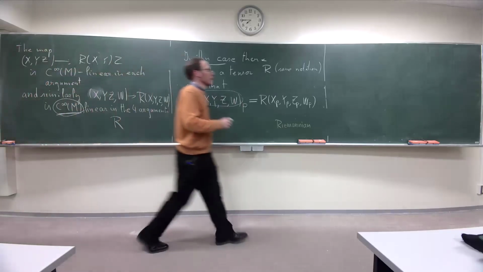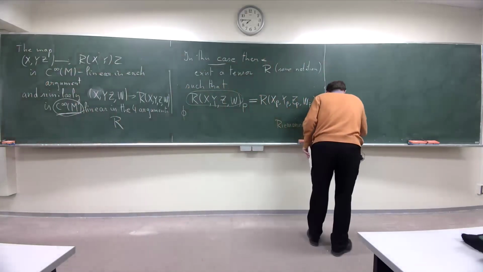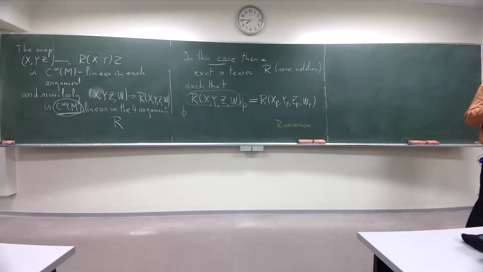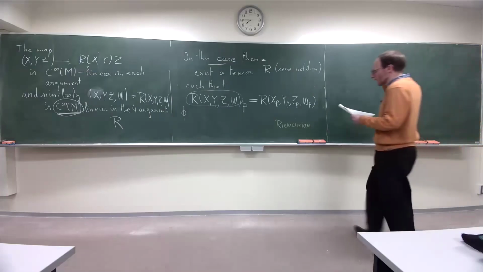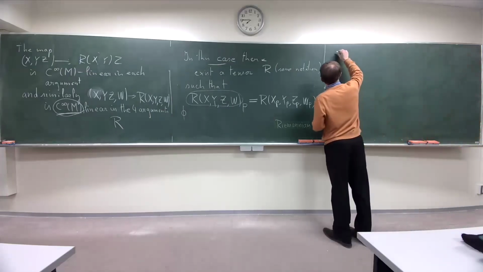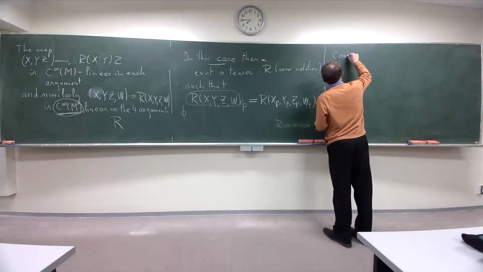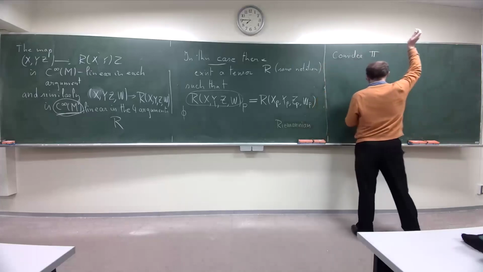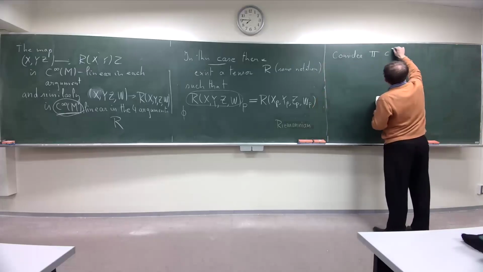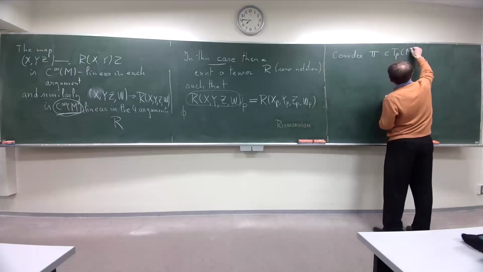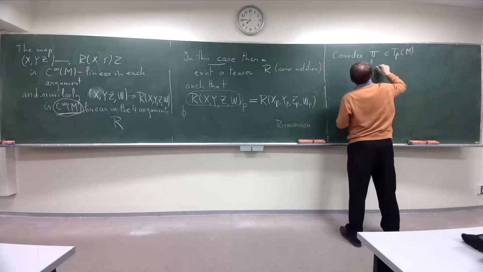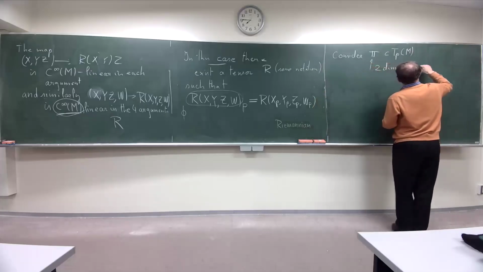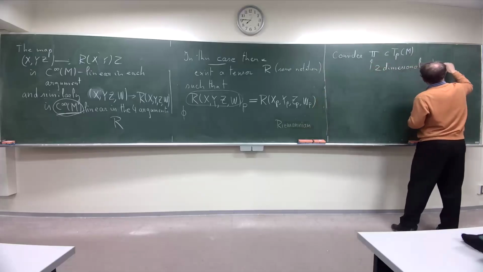Now I want to come back to 2 dimensions. Of course, we are in a space in higher dimension, but I can still come back to 2 dimensions in the following sense. Now I consider, and I use this letter pi, a 2-dimensional subspace.